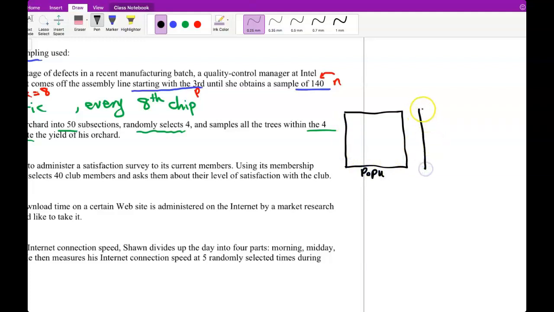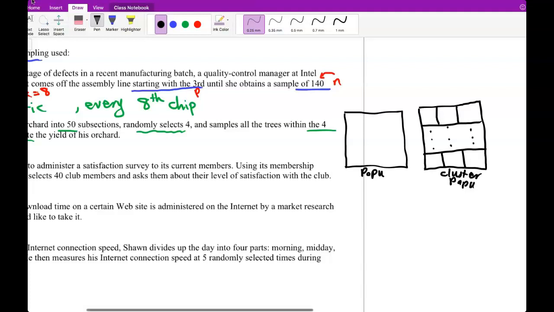Then here is a cluster. The population is divided by, I'm not able to draw all of these, but these are divided by 50. This is the first one.